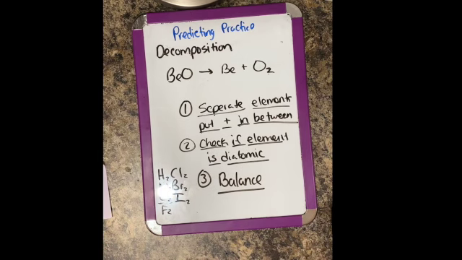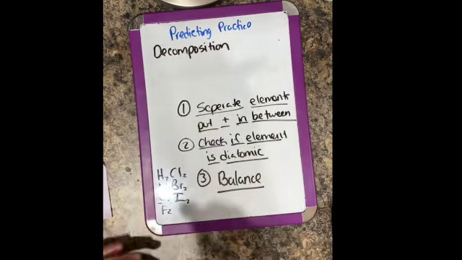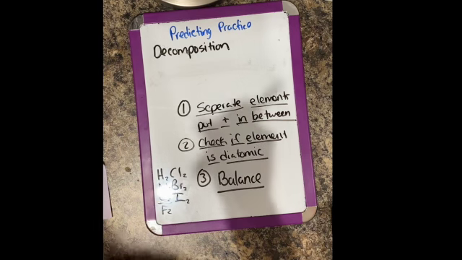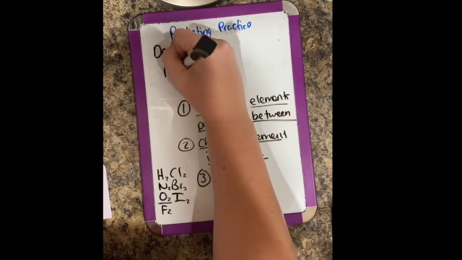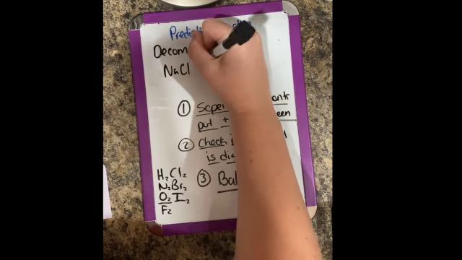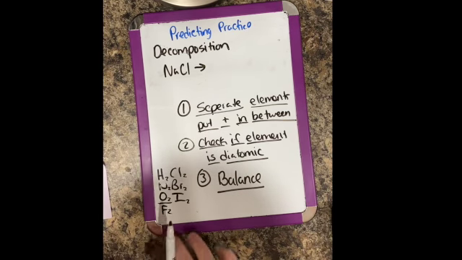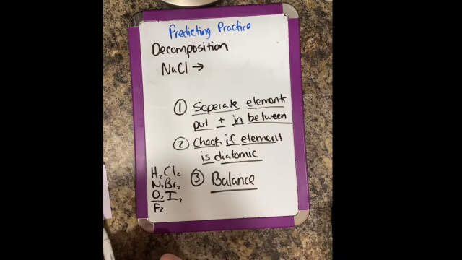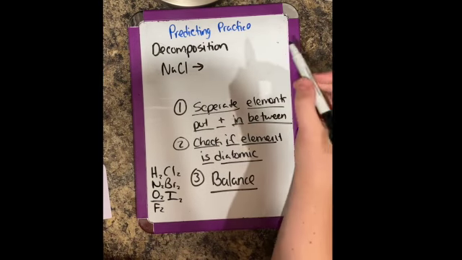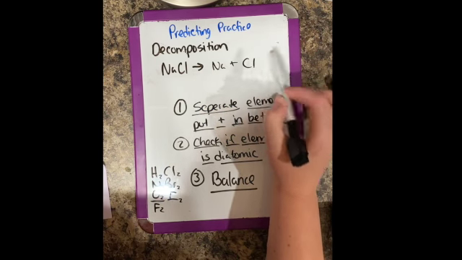Okay, so that is how you predict products for decomposition. So let's do one more example. Let's do NaCl. We know this is decomposition because it just has one compound. So since we know it's decomposition, first thing we need to do is separate elements and put a plus sign in between. So we have Na plus Cl.